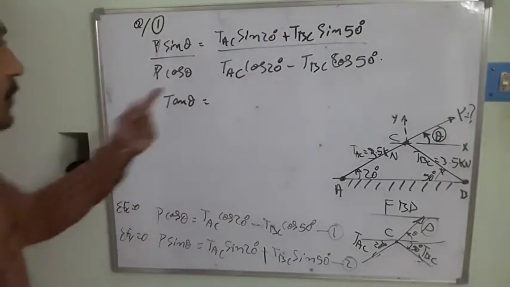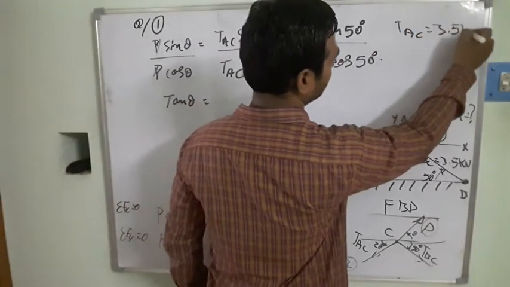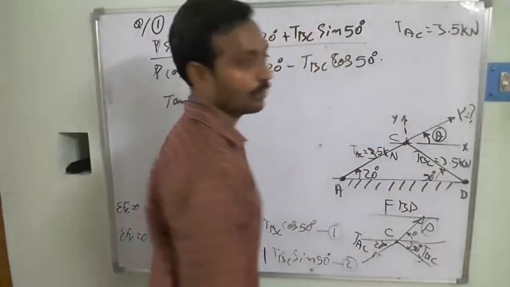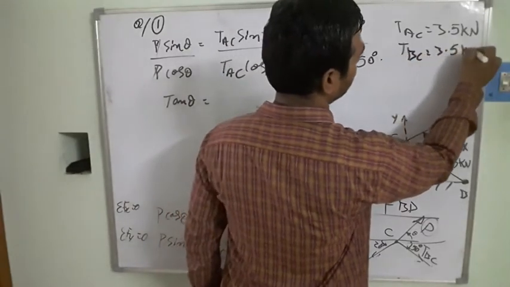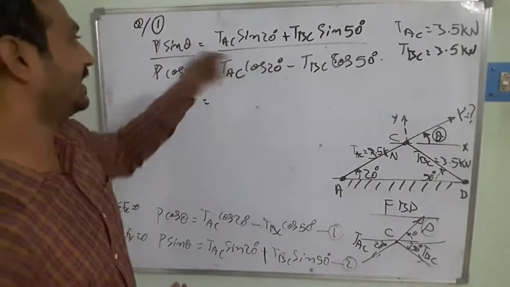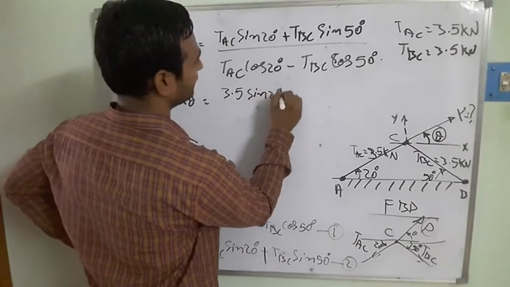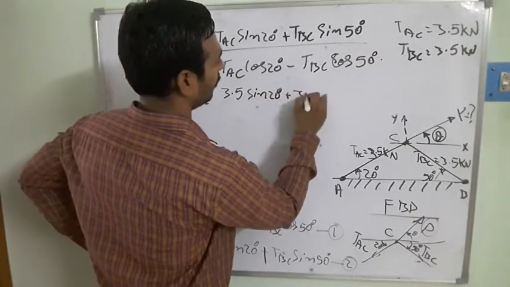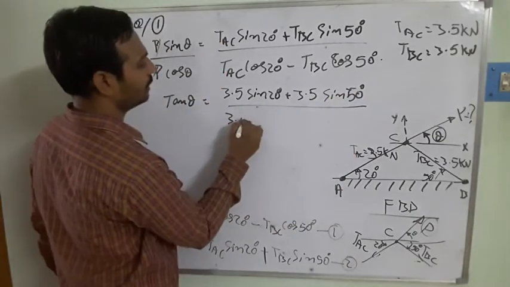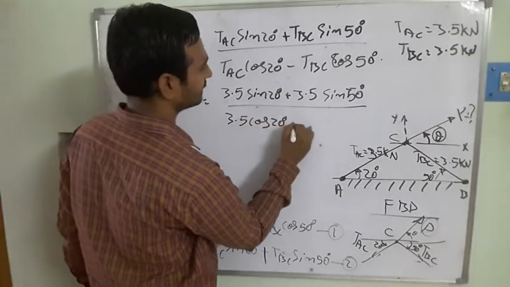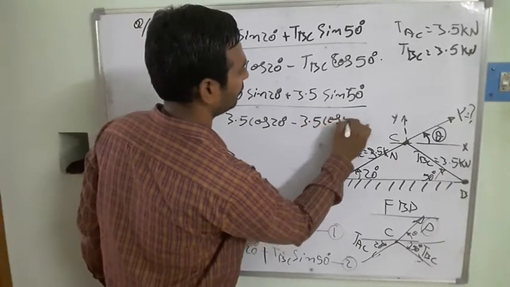Once we substitute, we have TAC equal to the maximum permissible tension in the AC rope, which is 3.5 kilonewtons. Next, TBC is equal to 3.5 kilonewtons. At the same time, we substitute in this equation: 3.5 sin 20 degrees plus 3.5 sin 50 degrees, divided by 3.5 cos 20 degrees minus 3.5 cos 50 degrees.